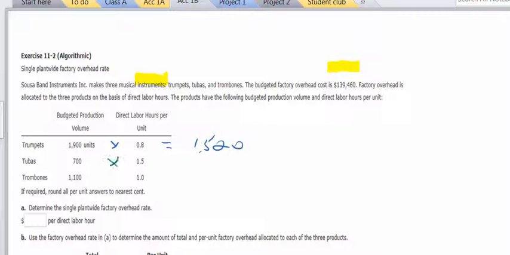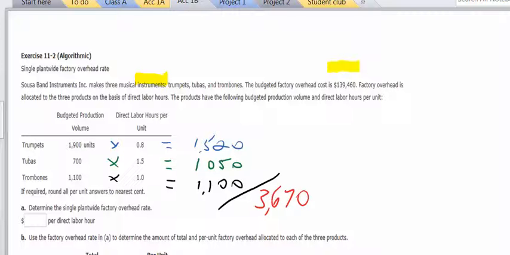I'll multiply 700 times the 1.5. I'll have 1,050 hours. And for the trombones, 1,100 hours times 1 is 1,100. So now I have my total for each instrument. I can add them all together to come up with a grand total, and that equals 3,670 direct labor hours.